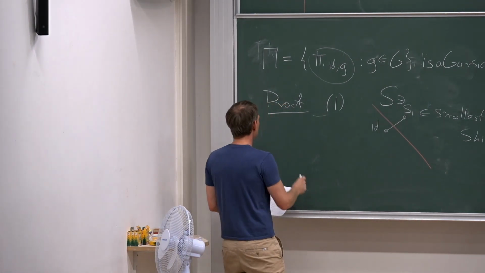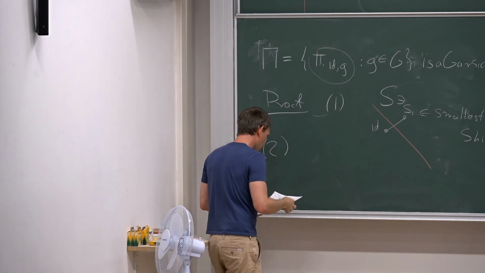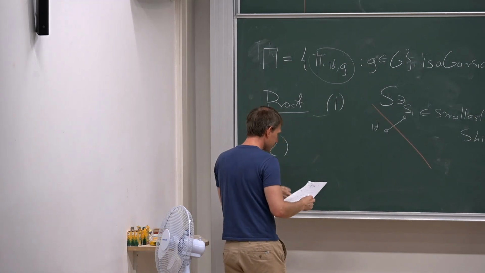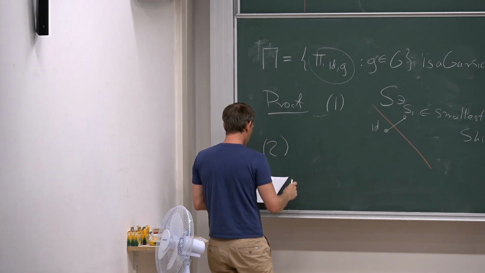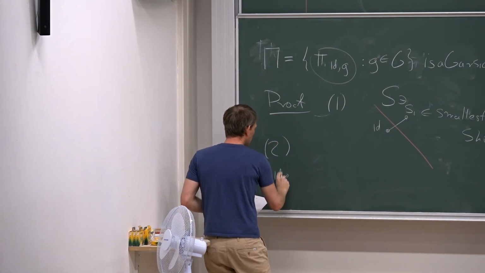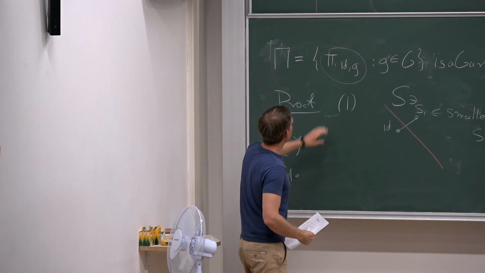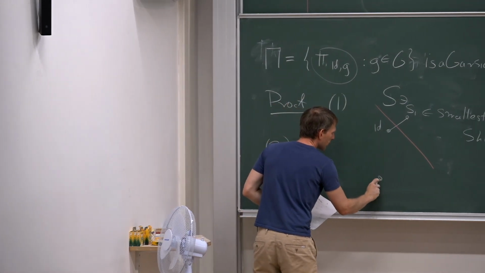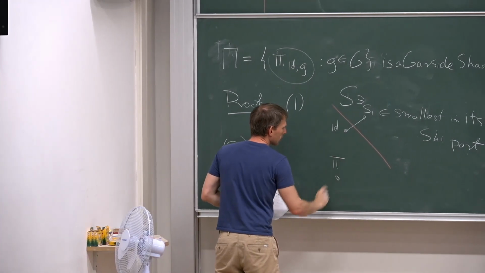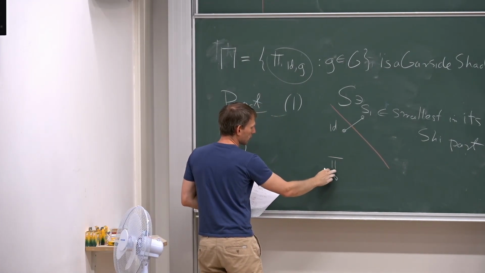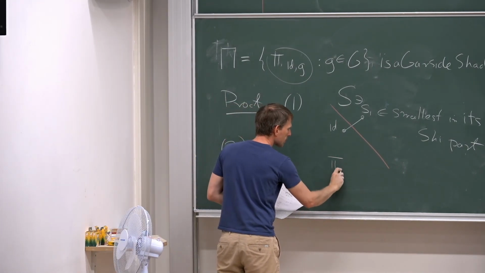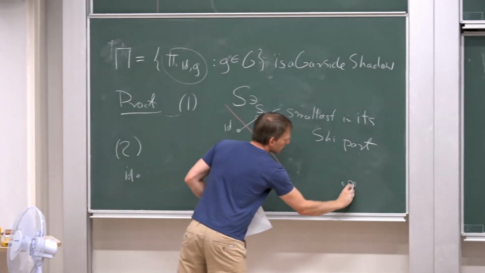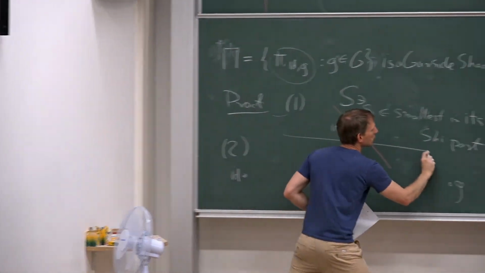Okay, so now let's do part 2, because this is the part that we used on the right board. We need to prove that this set is invariant under suffixes. So take an element that's the smallest element in its strip part, say the projection from identity towards some element G, which is not too important.